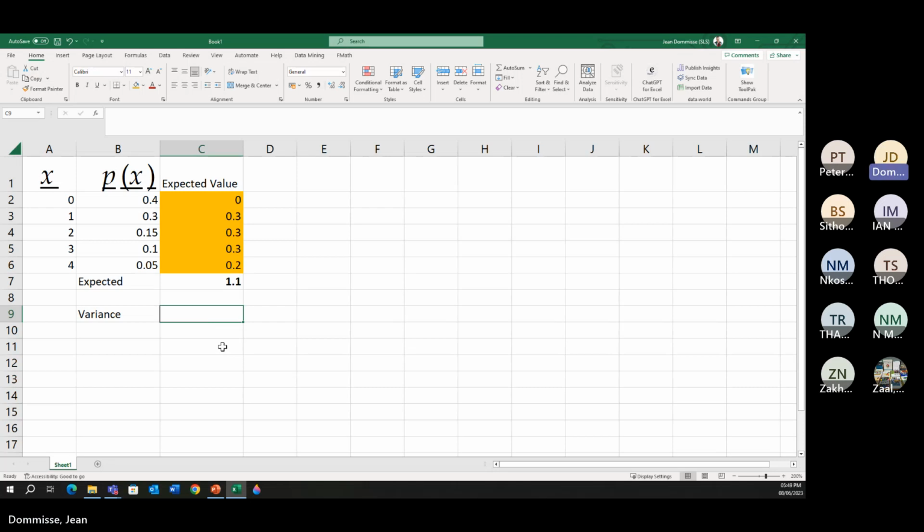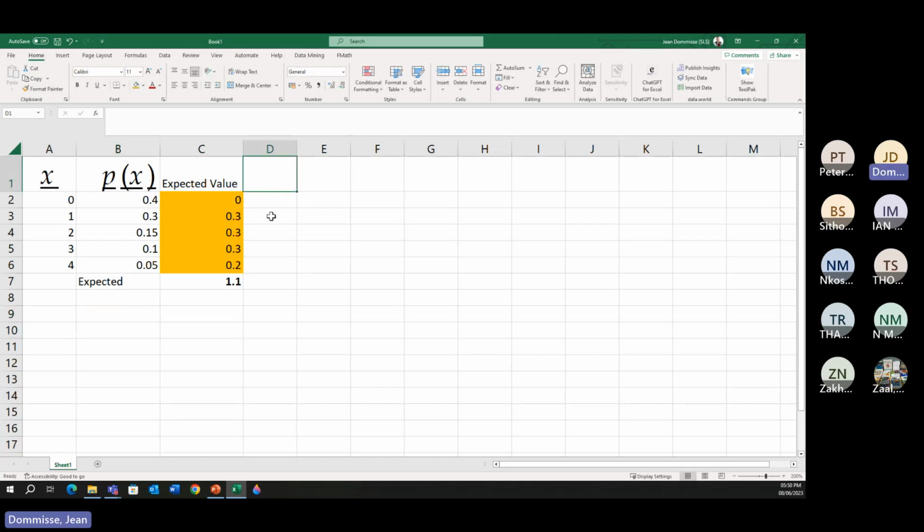Unfortunately, we can't with this just go and say work out what is the Excel mean, because this needs to be taken into consideration with the x. If we just say equal mean or equal average, you will not get the same. So for discrete probabilities, we're not able to use the built-in functions in Excel.